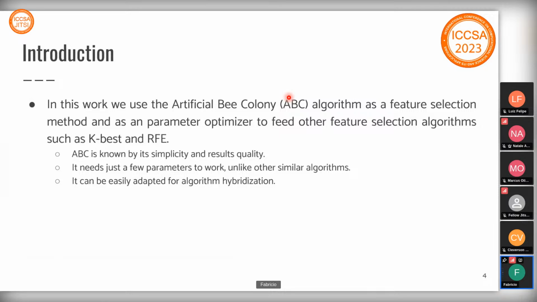ABC is known for its simplicity, and it has good results compared to other optimization algorithms. It needs just a few parameters to work. Other methods usually have more parameters to set, and it can easily be adapted for hybridization. So it's a good choice for this kind of task.